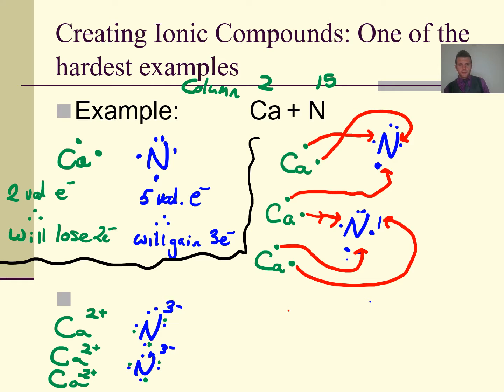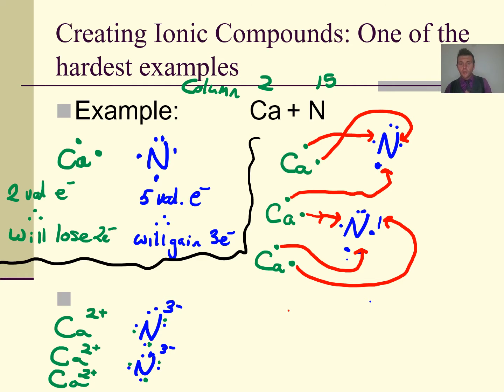So I'm going to just stop and double check everything is good here. So all of my calciums have 0 valence electrons, which is what we are hoping to achieve. So the calcium 2+ ions, those cations, those are okay. My nitrogens, they all have 8 valence electrons.